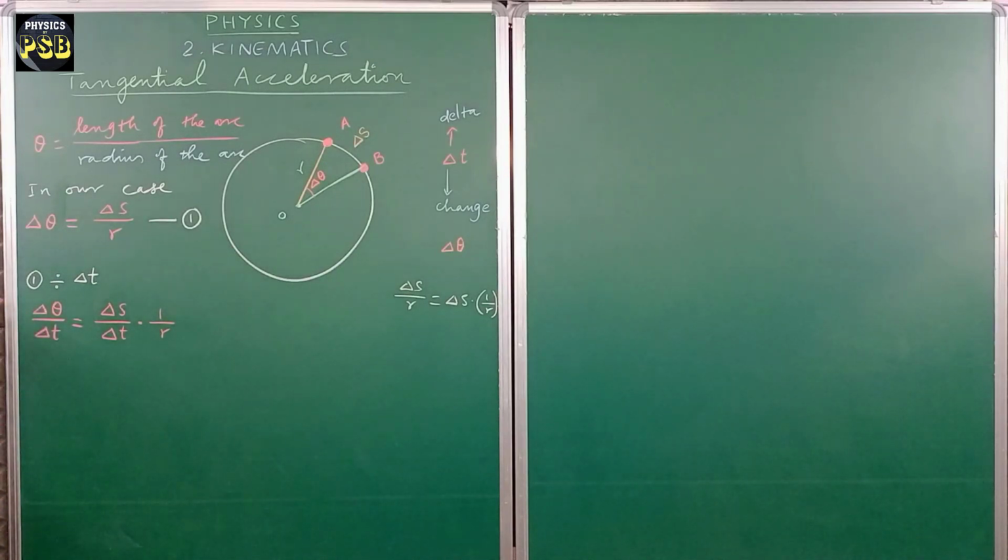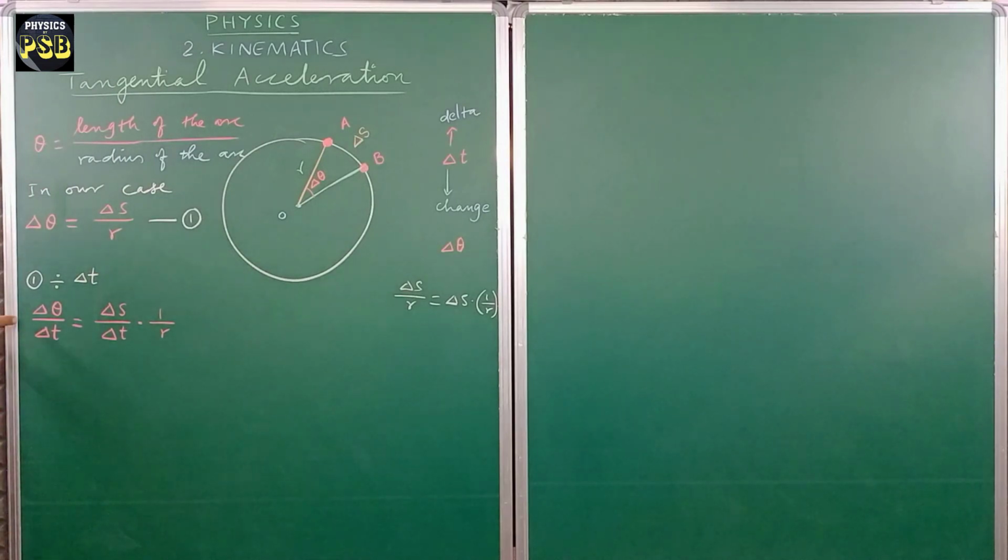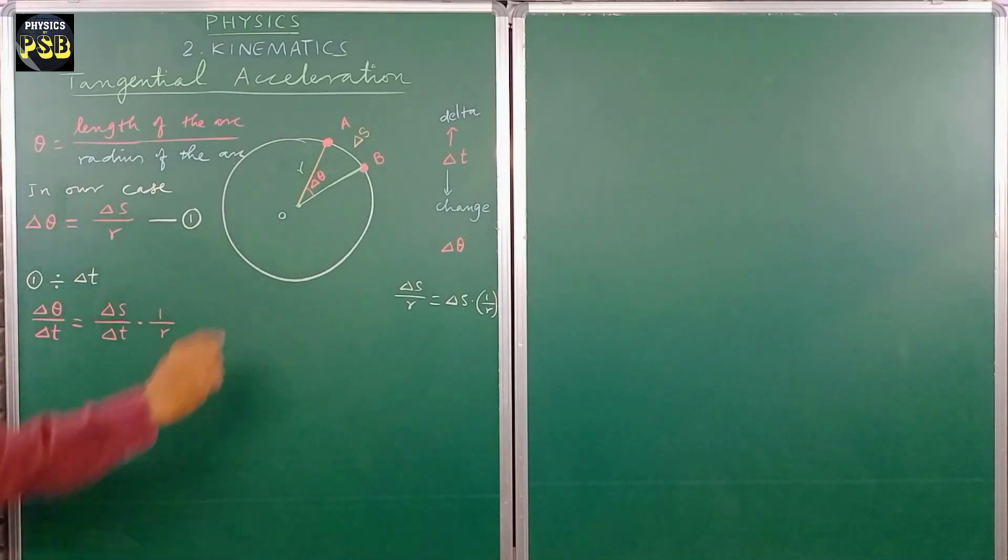Next, here the rate of change of angular displacement is nothing but angular velocity. Now before doing that, suppose the limit of delta t tends to 0.